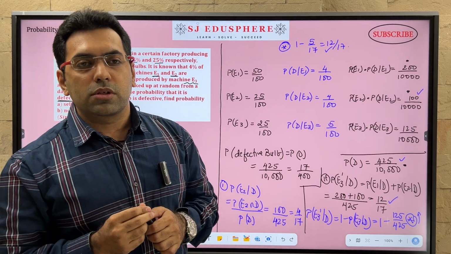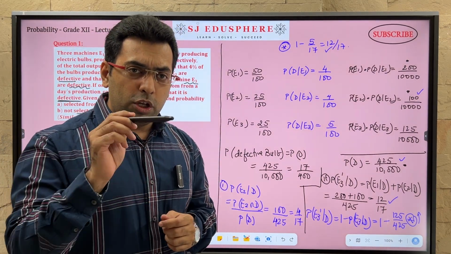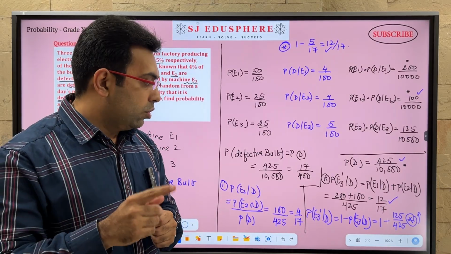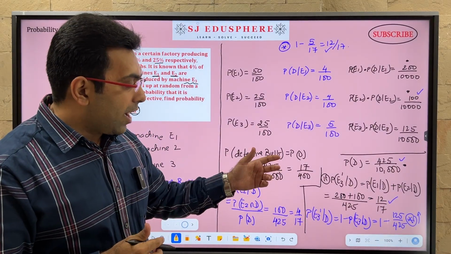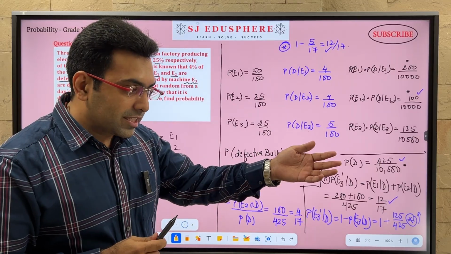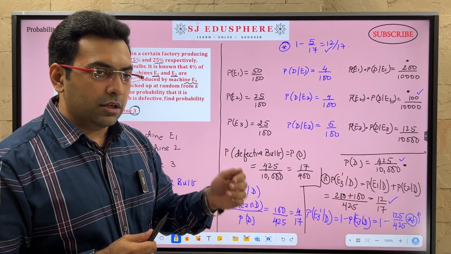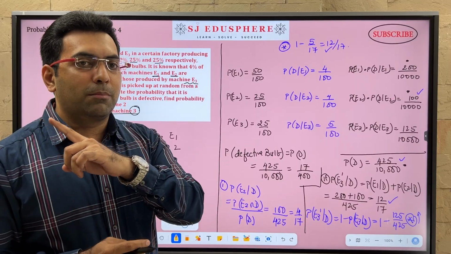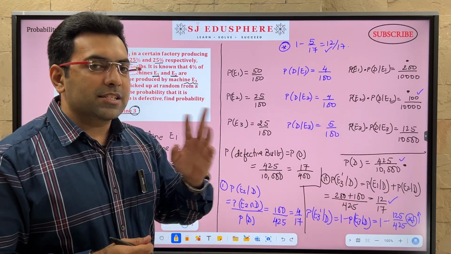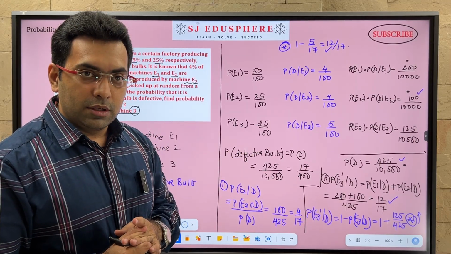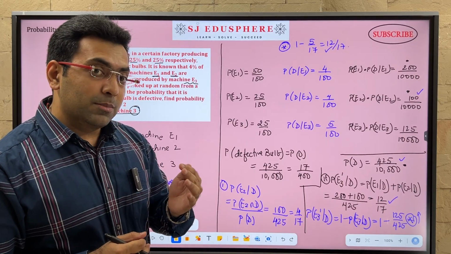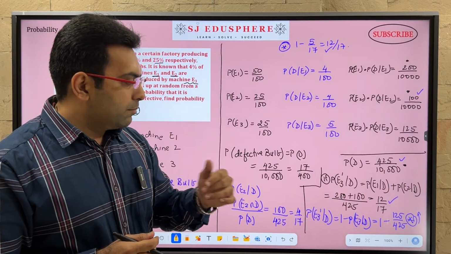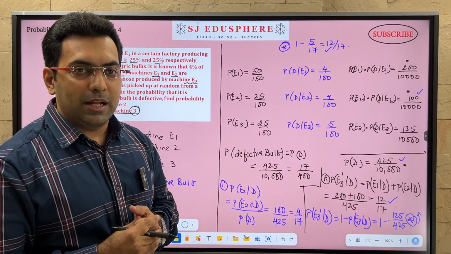Think from a person who's running a company, students. Will you make a loss? No. What will you do? You know your average defective, which is coming in a replacement theory here. You will increase the price of the bulb so that your replacement cost is covered. That means your 383 bulbs which you sell will cover up the cost of the 17 defective bulbs.